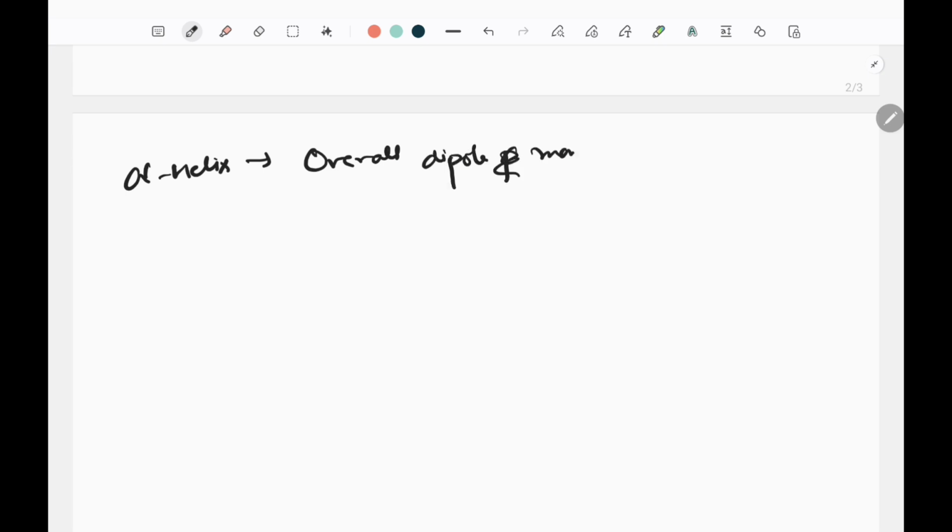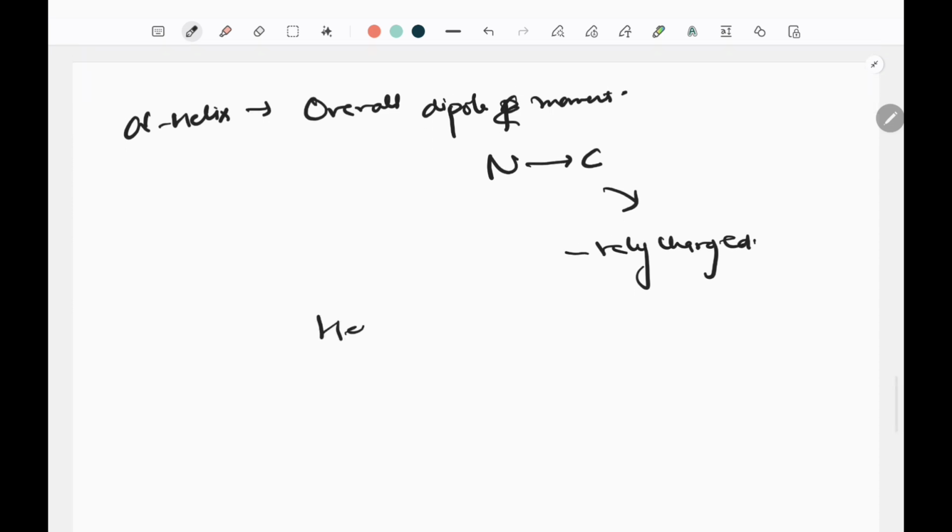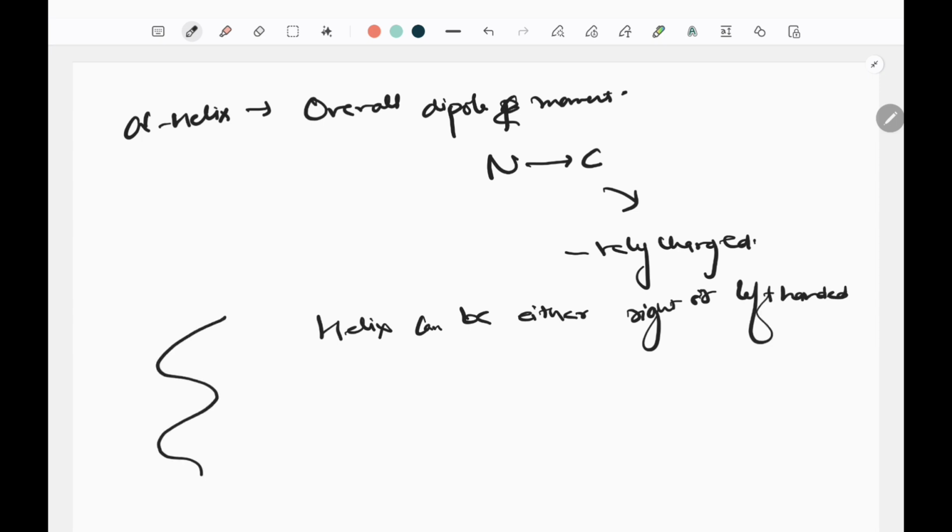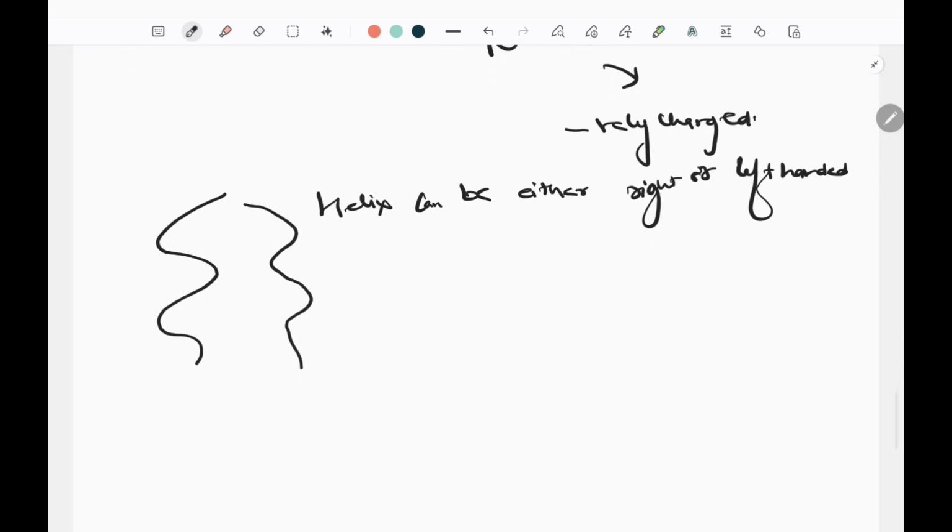It is usually from N terminus to C terminus, and the C terminus is negatively charged, and this helix can be either right-handed or left-handed. Okay, so for example, it can be like this or it can also be like this. So alpha helix can exist in both forms.